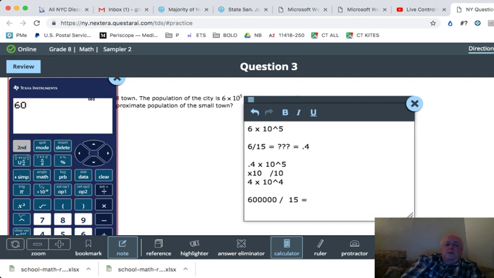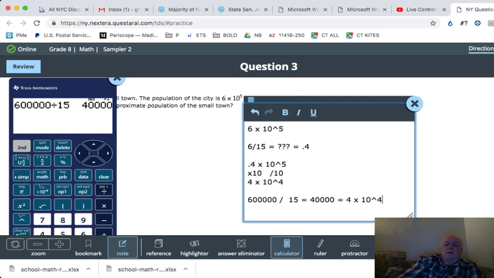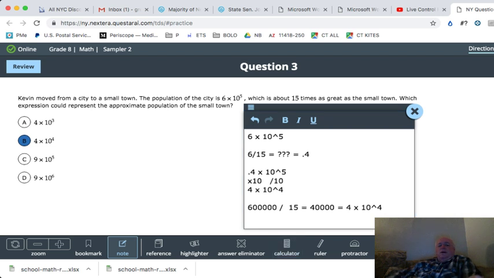So 6, 1, 2, 3, 4, 5. Did I do that right? No, one more. Divided by 15. We get 40,000. That's equal to 4 times 10, and how many zeros are there? 4. Okay, so it's also giving us the same mechanism to do that.